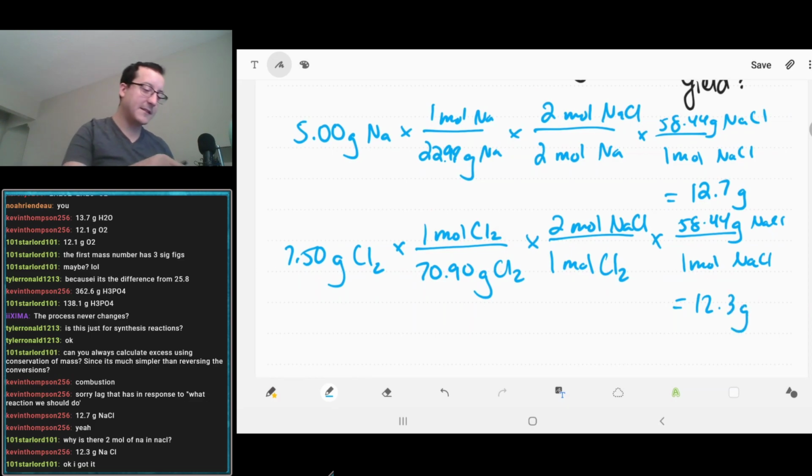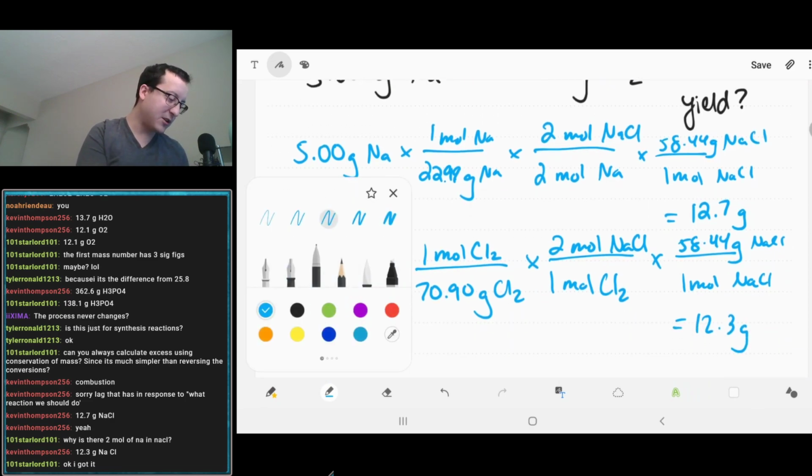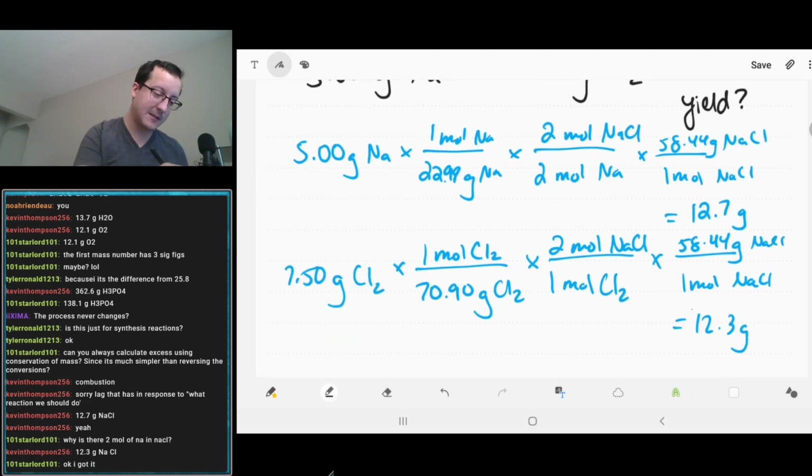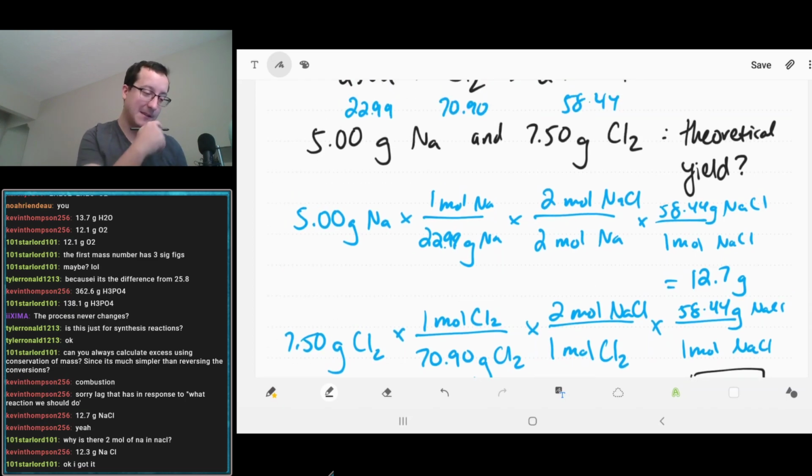So already we can see, this first one didn't make sense. 12.7 would be more than our reactants would add up to, so that can't be the right answer. So let's just make sure our other one can. That's the smaller one. Remember, we always choose the smaller number to be our theoretical yield. And does this one make sense? Yeah, it totally does. We had 12.5 grams put together.